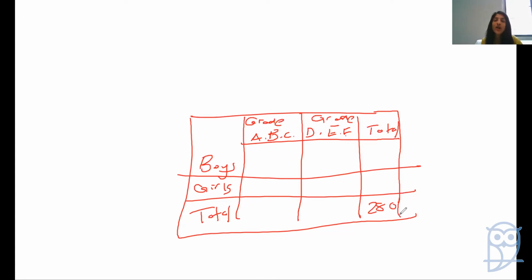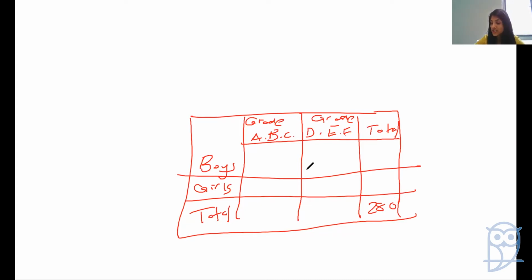And so here goes the question. It says there are 280 students in year 10. Half of the students are boys. 155 of the students get a grade of A, B, or C in their mathematics test. 61 girls get a grade of D, E, or F. Okay, so starting from the beginning, they want us to fill out this table.